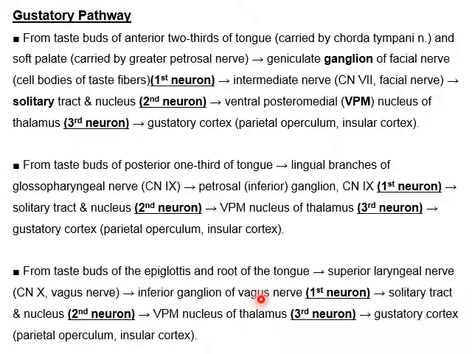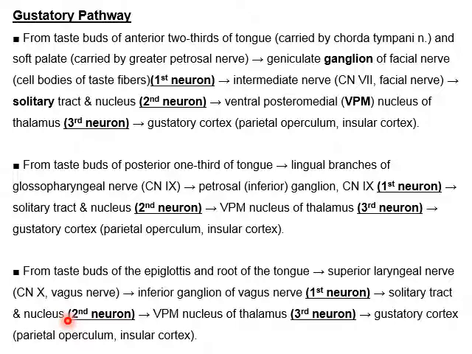The first order neuron is the ganglia of the cranial nerve, whether that is the facial, glossopharyngeal, or vagus. The ganglia itself is the first order neuron, the neuron cell body. From it, the axons reach the second order neuron, which is the solitary nucleus and tract.